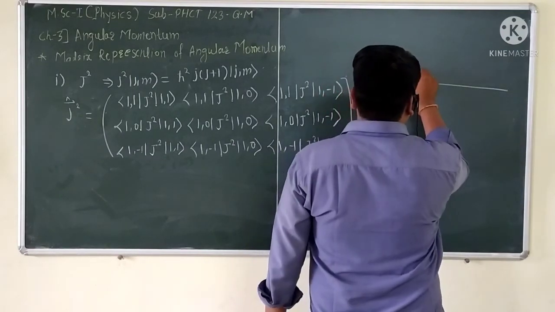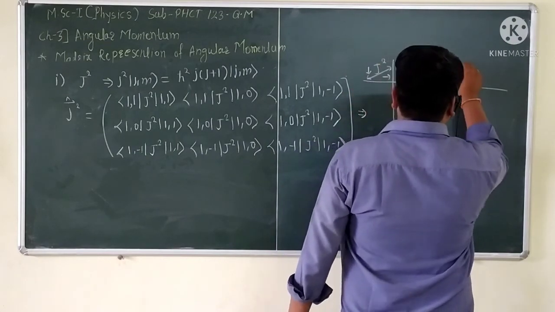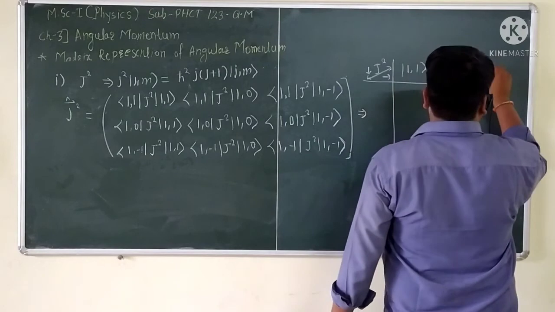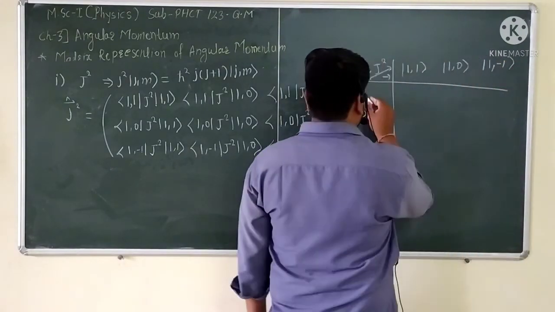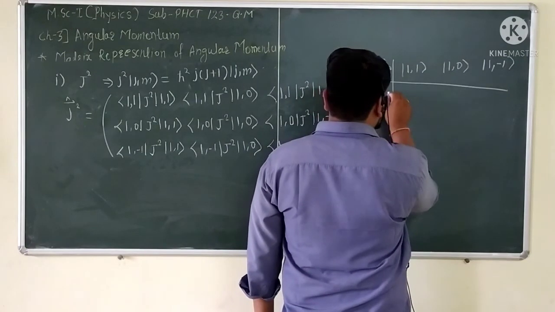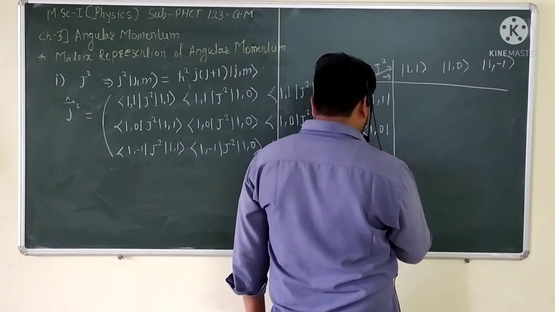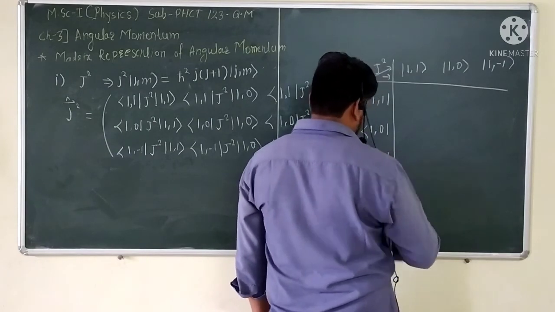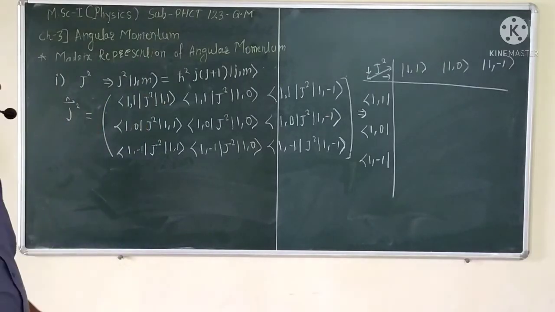So here the kets are |1,1>, |1,0>, |1,-1>, and here the bras are <1,1|, <1,0|, and <1,-1|. Okay, so this is a very interesting point to solve.